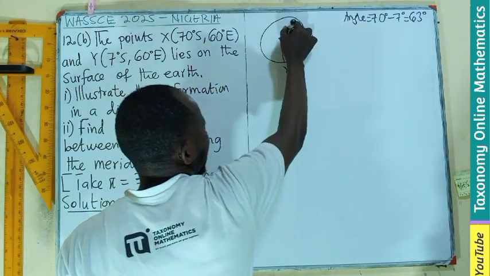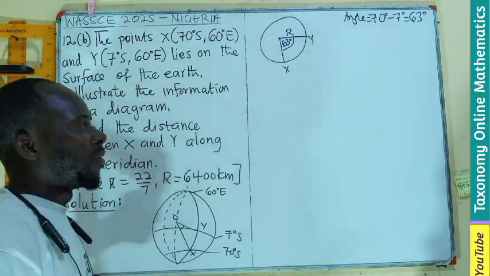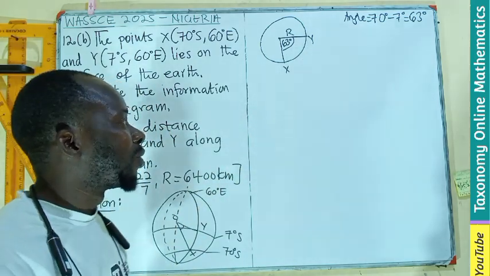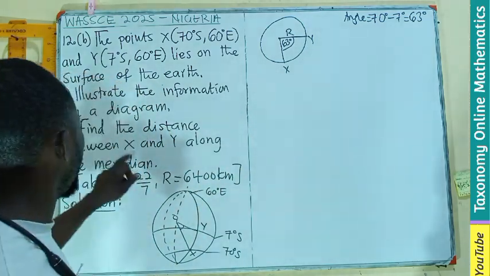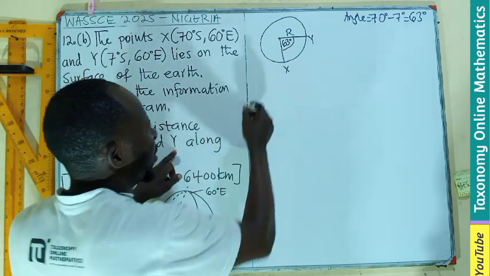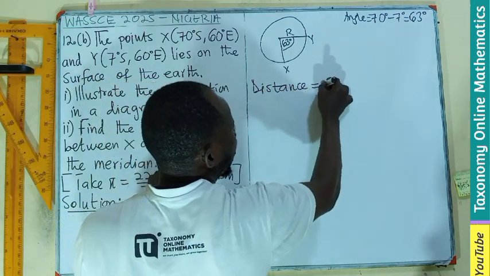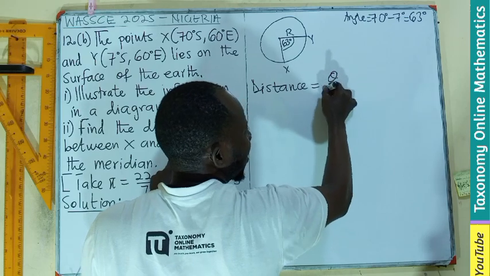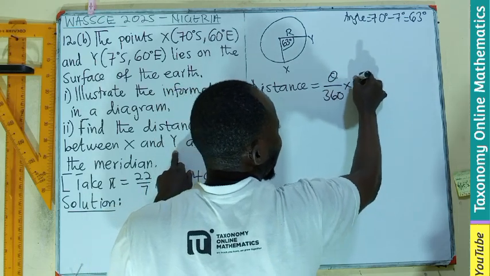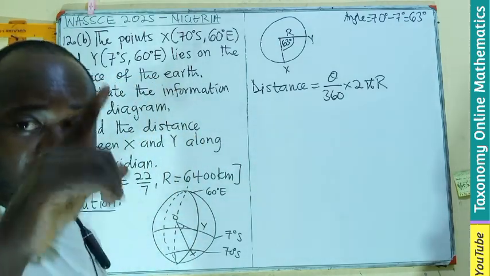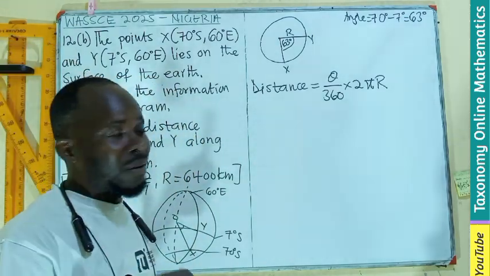This line is the radius of the circle. The length of XY is the arc of that circle. So we can say that the distance between X and Y is going to be the angle at the center divided by 360 times 2 pi R, where R is the radius of the earth, right?